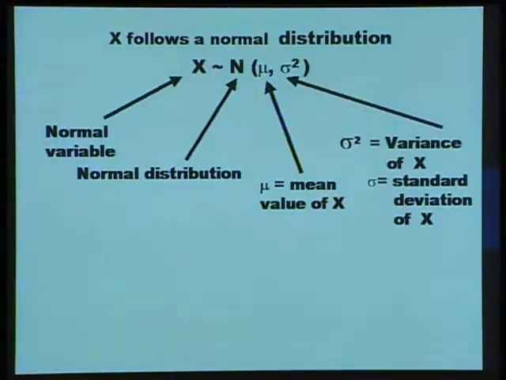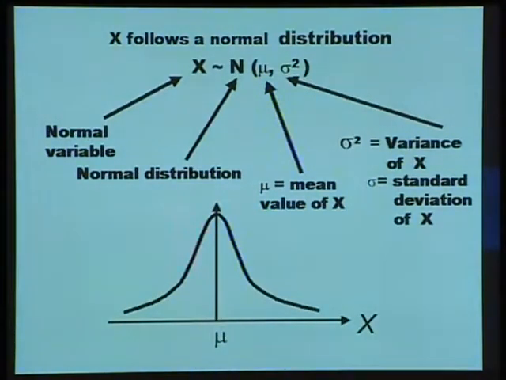The normal curve is shown as follows. So mu is the mean value of x. The normal curve is symmetrical about the mean value of x.